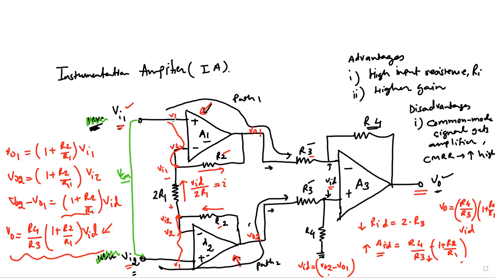Because of the virtual ground concept, the voltage at this node is VCM, and the voltage at this node is again VCM. So the voltage difference across this resistor is 0. So there is no current. The current through the resistor due to the common mode signal is 0.